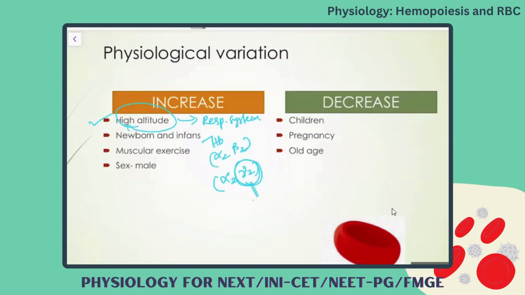Fetal hemoglobin, having the gamma subunit instead of the beta subunit, has a higher impact on the hemoglobin oxygen dissociation curve. That is the reason why newborns and infants have an increased RBC count.